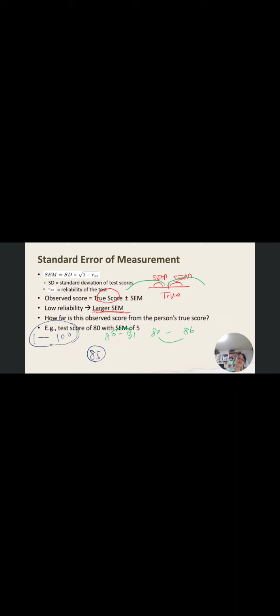If the person who got the high score was 85, then using the standard error of measurement, we can say that, okay, we can invite 80, 81, 82, 83, 84, as well as 85, because they are all within the standard error of measurement. Because we cannot say that they are really different, because they are within the range of the error, right?